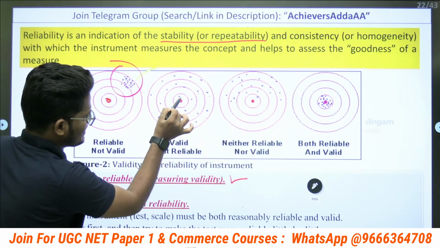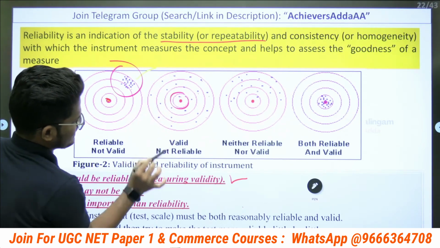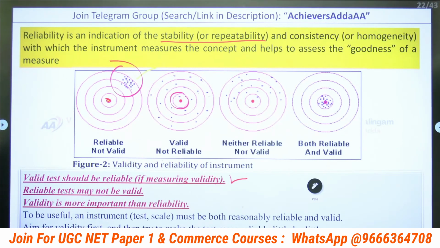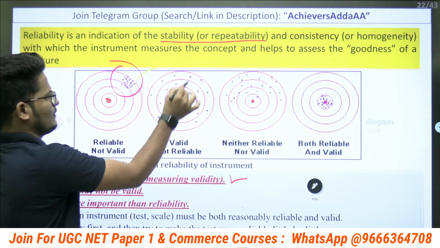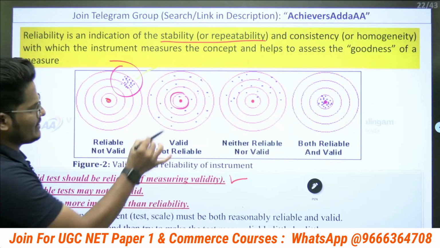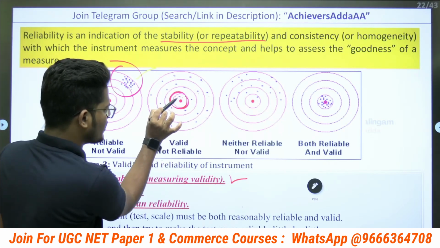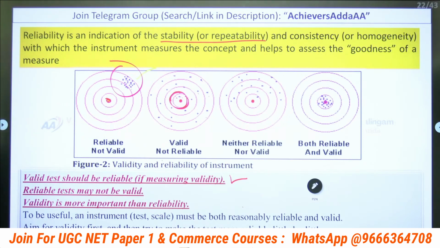This is valid in some situation to some extent, but not reliable in all cases. Why is it not reliable? It is not at one place; it is totally scattered. How can we say this is reliable or not? We can say only for this situation that it is valid and reliable. The remaining things are not valid and not reliable.